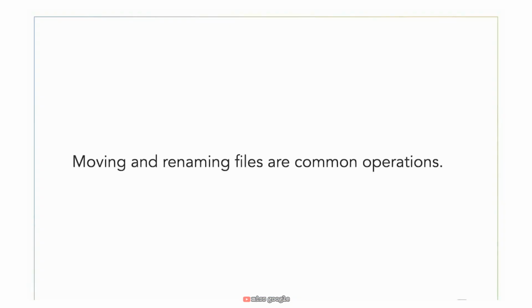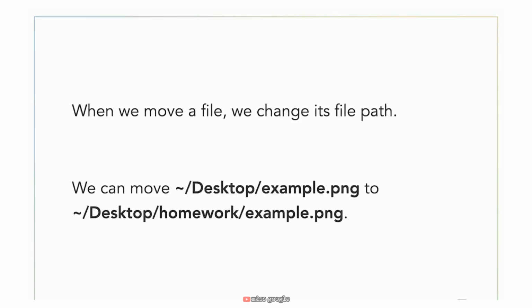Moving and renaming files are common operations in Python programs. For example, you may want to move current files into a separate directory to make space for new files. You also might want to rename a set of files to reference the date or year they were created in. When we move a file, we change its file path. Instead of home/desktop/example.png, we might move it to home/desktop/homework/example.png.